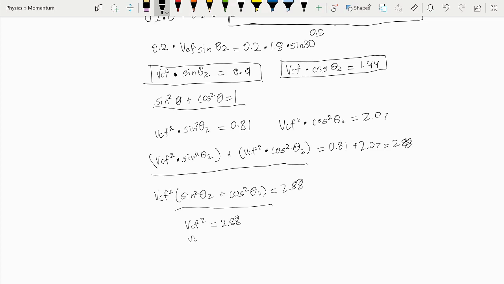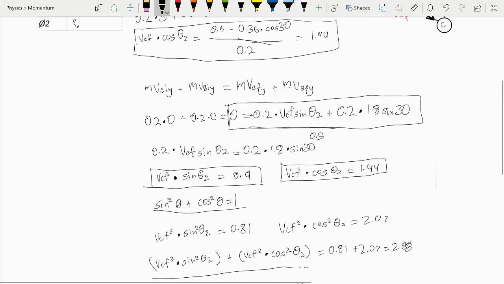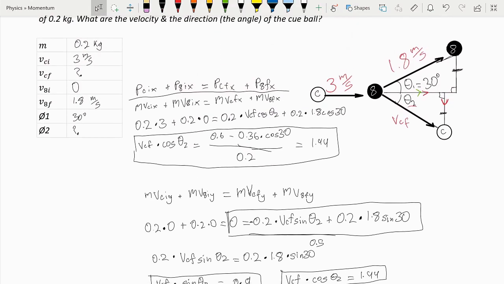So VCF is equal to square root 2.88, or 1.7 meters per second. So in our diagram above, this is 1.7 meters per second. I'm also going to fill it out in our table. 1.7 meters per second.